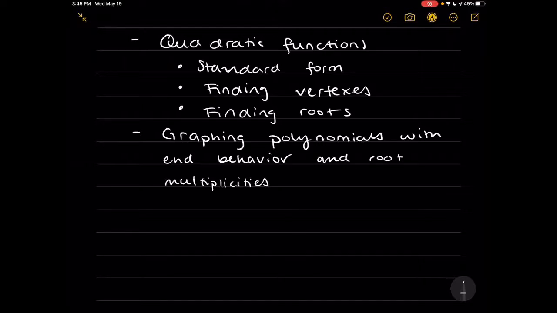Okay, and then we moved on. We started talking about dividing polynomials, which was a very important skill. And then kind of using this, we were finding rational, real, and complex zeros of polynomials.